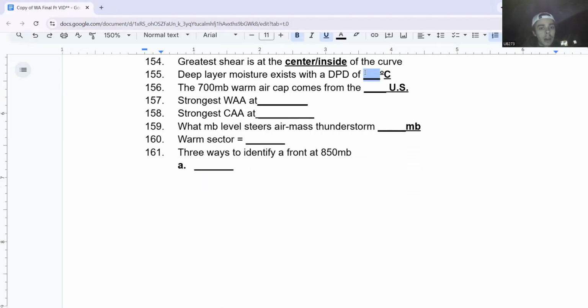Deep layer moisture exists at a dew point depression of 5. At the 700 millibar level, the warm air cap comes from, we didn't really talk about that, but it comes from the southwest. The strongest warm air advection is at the top of a ridge on a surface map.